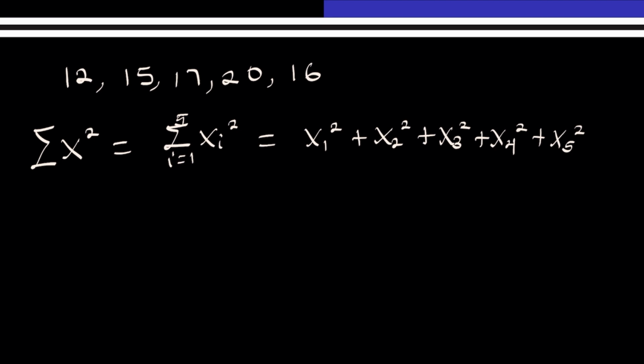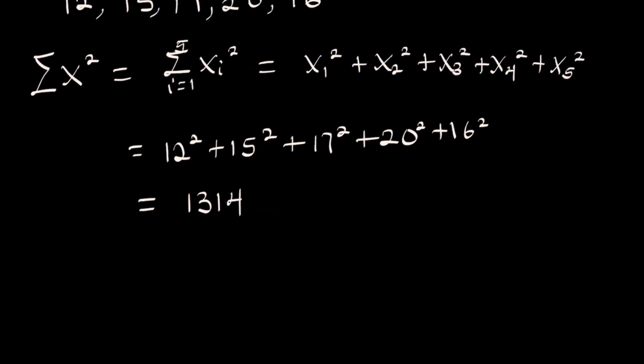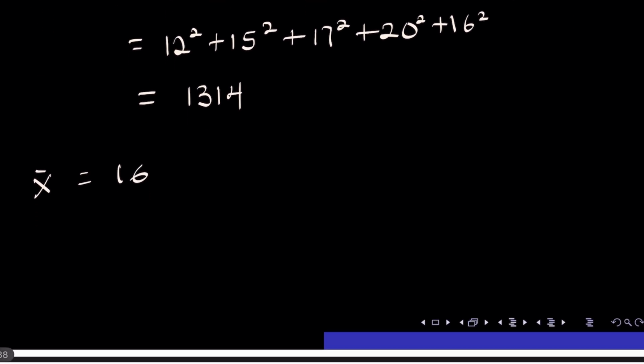So here x1 is 12, x2 is 15, and so on. Thus we are going to have 12 squared plus 15 squared plus 17 squared plus 20 squared plus 16 squared, and this is going to give us 1314.